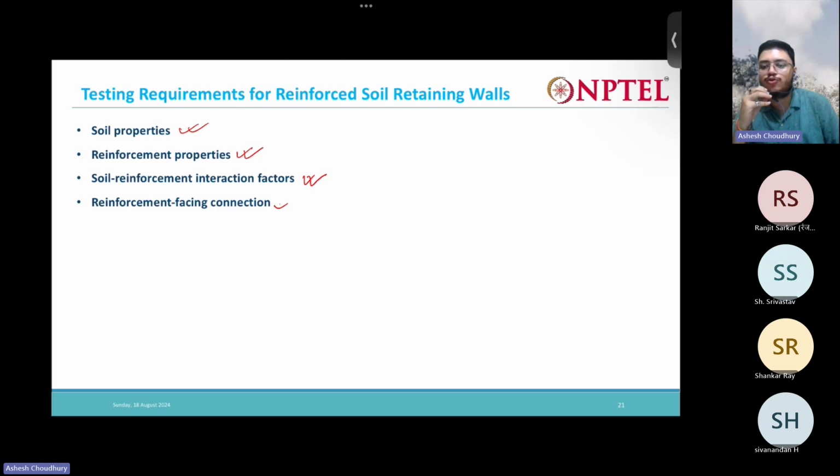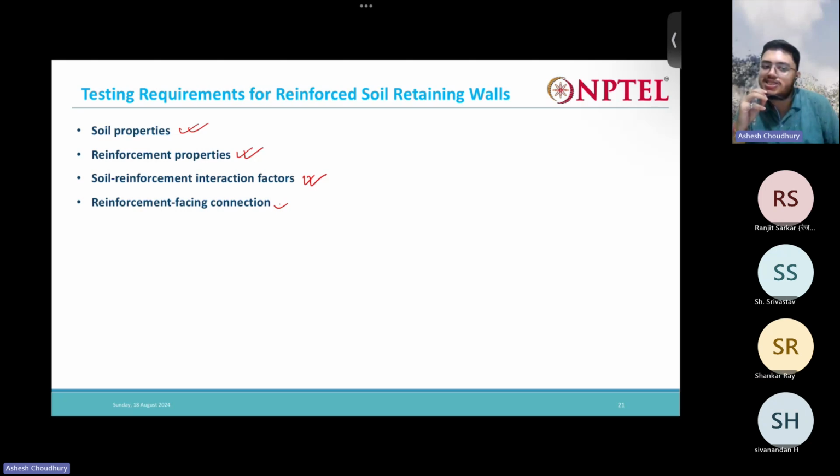What properties do we have to know? Shear strength properties basically, the cohesion and friction angle, especially the phi value. Then reinforcement property: tensile strength. Correct, tensile strength of the reinforcement.